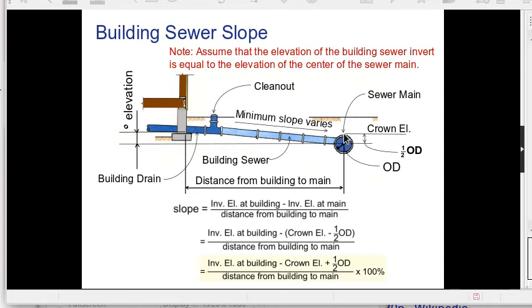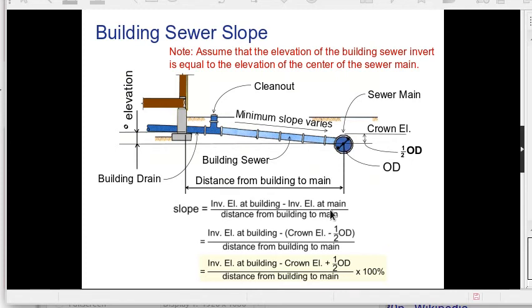Okay, that's what the crown elevation is. And then we're going to subtract half of the outer diameter of that pipe. So we have the elevation at the building minus parentheses the crown elevation subtracting 1/2 of the outer diameter of the pipe. So if this was a 20-inch pipe, we would be subtracting 10 inches from that.